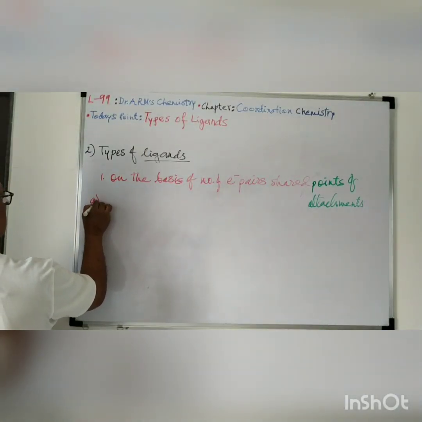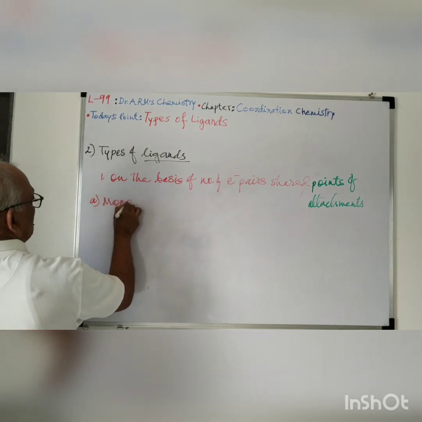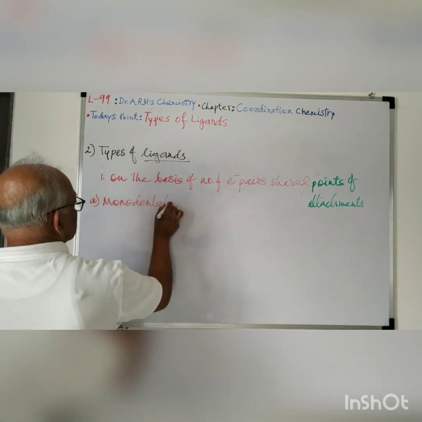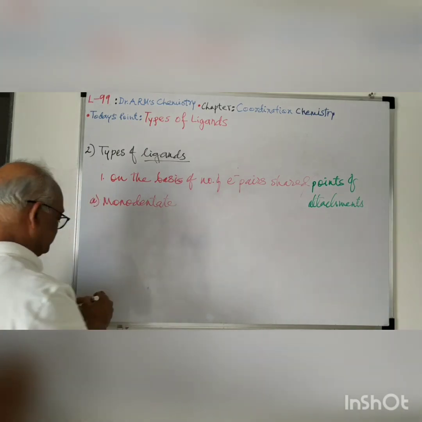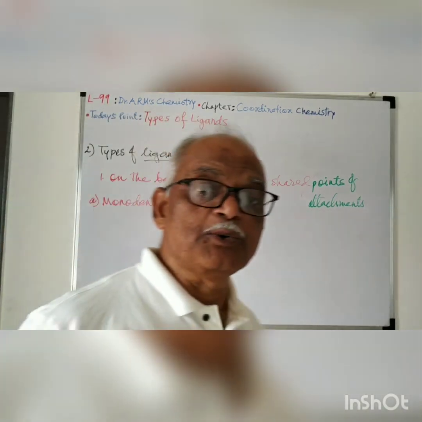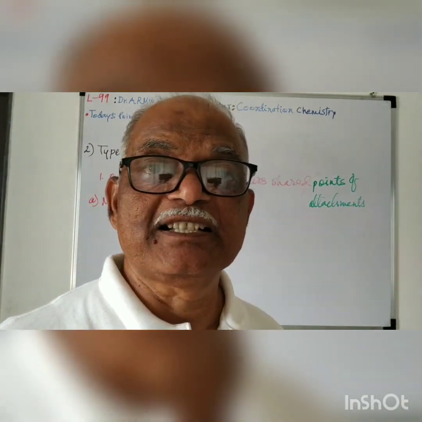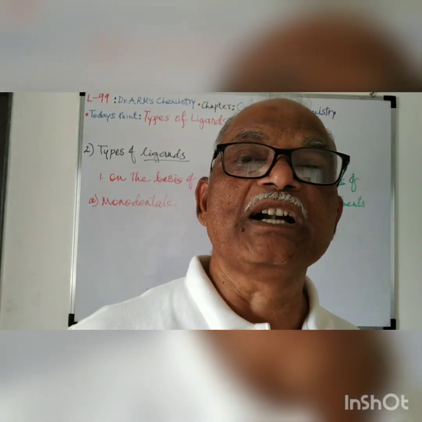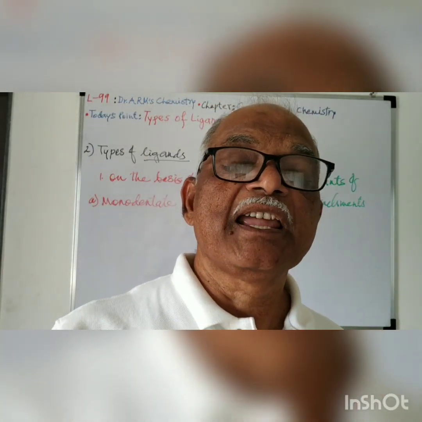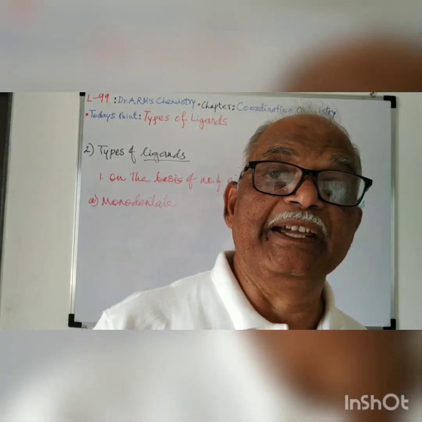So first is monodentate ligands. They have only one point of attachment, meaning only one donor atom carrying only one electron pair.